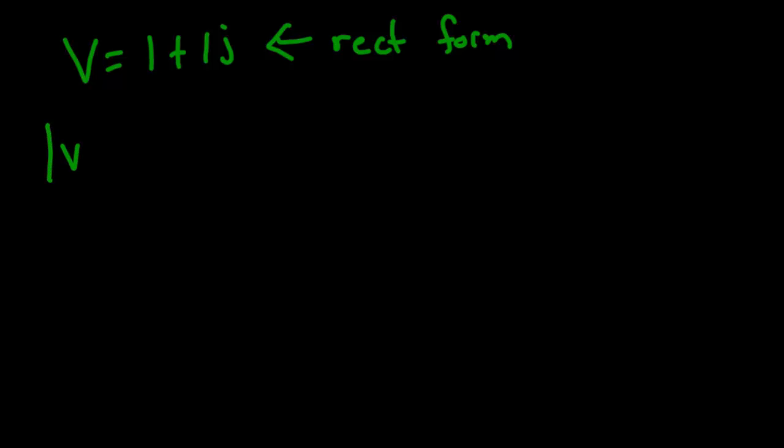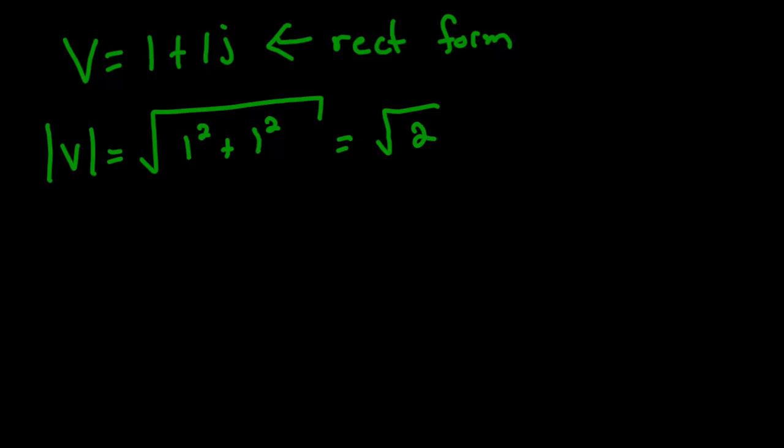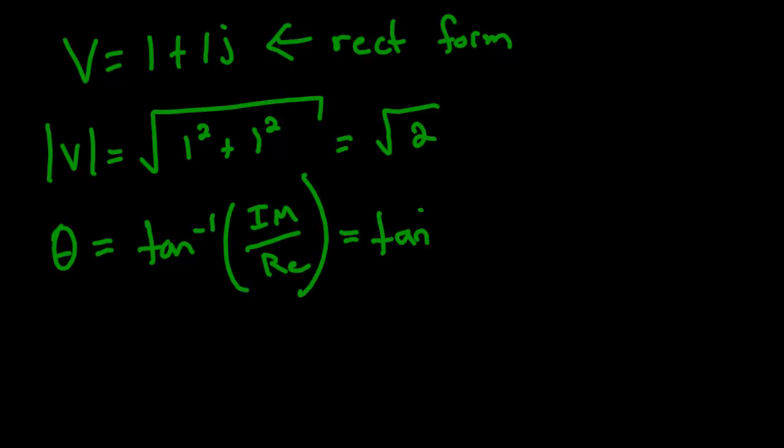So our magnitude is just equal to the square root of 1 squared, our real portion, plus our imaginary portion, which is still 1 squared. So this is equal to the square root of 2. And this is our magnitude. Our angle, theta, is equal to the inverse tangent of our imaginary part over our real. So this is equal to the inverse tangent of 1 over 1, which is going to be equal to 45 degrees.